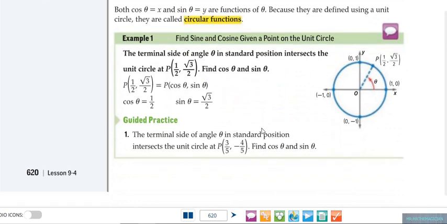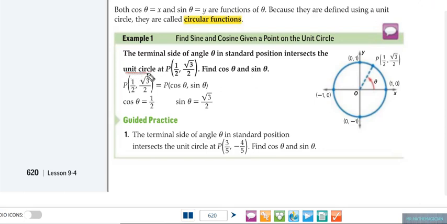Let's take an example. Find sine and cosine given a point on the unit circle. The terminal side of angle theta in standard position intersects the unit circle. So, this is what you are searching for, these words, unit circle.